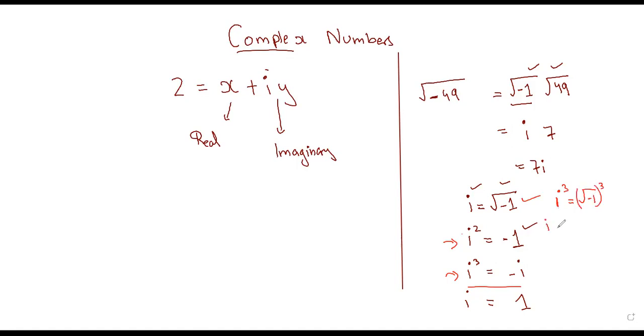So iota cube would be under root minus 1 into under root minus 1, again under root minus 1. So this basically is going to be under root minus 1 into minus 1, under root minus 1. Minus 1 into minus 1 would be 1 and under root 1 would be 1. So we have 1 into under root minus 1. So this under root minus 1 is basically iota.